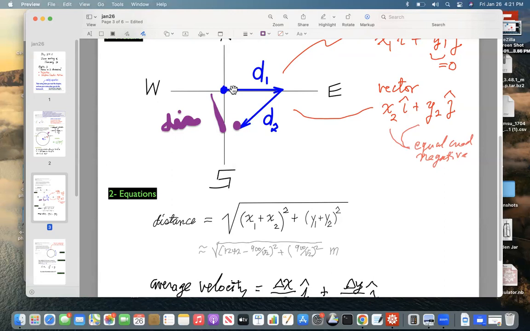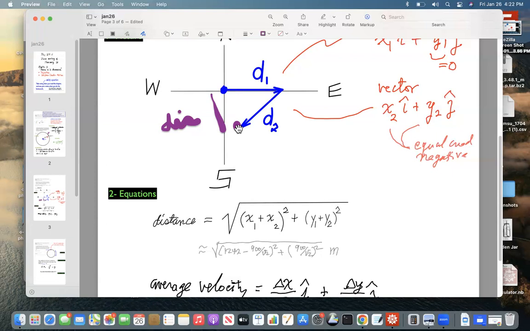Well, this starts at 0, 0. It goes to x1, y1, that's x1, 0. Then it goes by an additional displacement of x2, y2. So the x component of this point is x1 plus x2. You walked x1 to the east, and then x2 to the east.